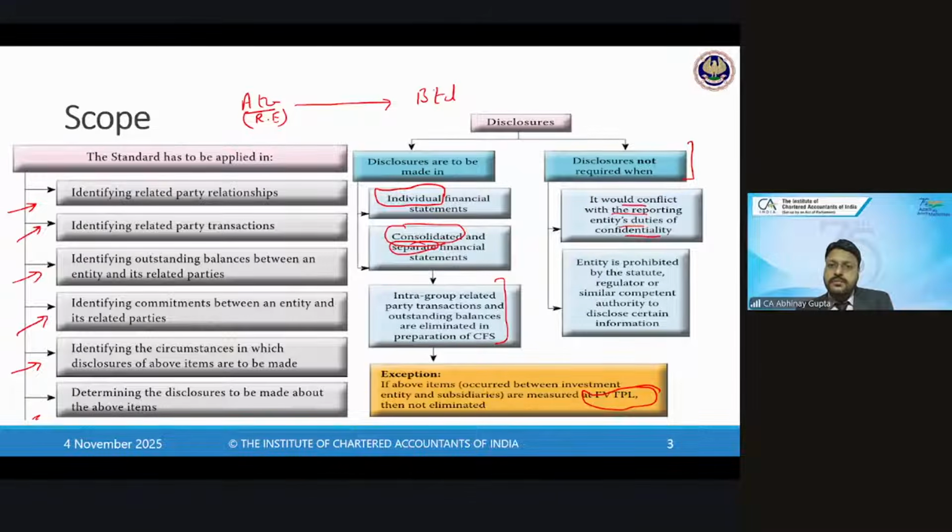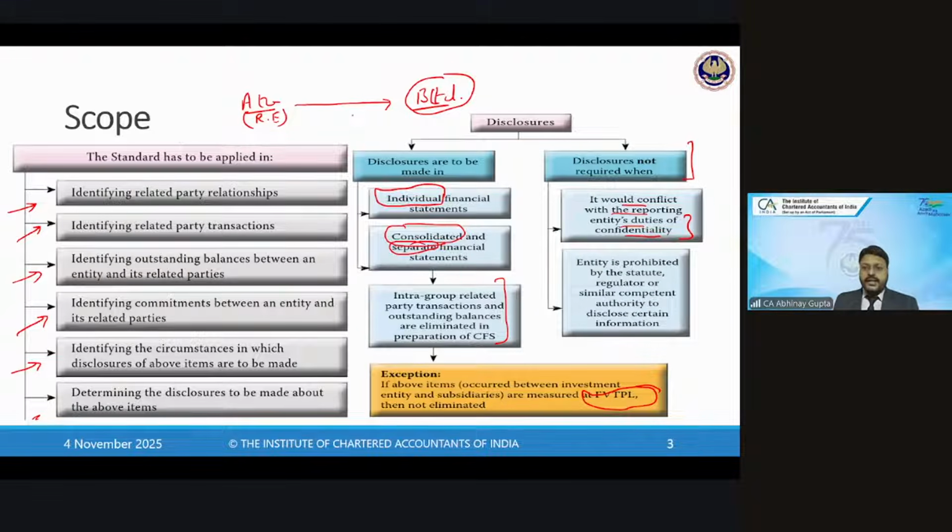Now, A Limited is required to disclose the name of B Limited, the nature of B Limited as a related party, for example, subsidiary, JV, associate, whatever it is, then third, the nature of the transaction, then fourth, the balance. So these are all required. Now, the standard says if it would conflict with the reporting entity's duties of confidentiality, then the disclosure pertaining to B Limited can be skipped, right?